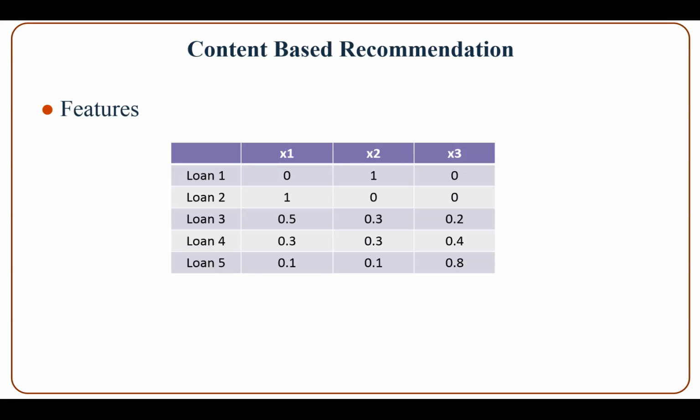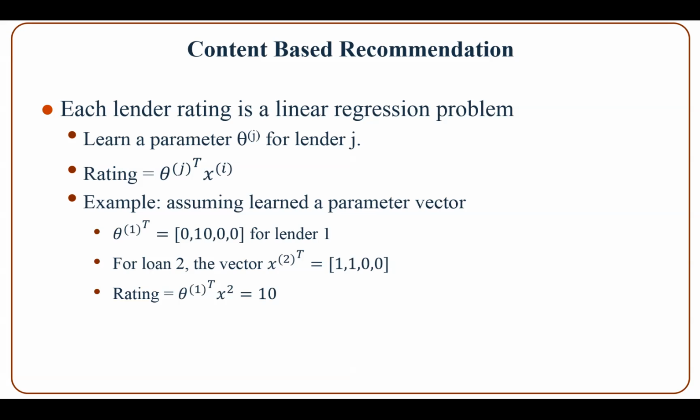Assume that we have features x1, x2, and x3 like this for the loans from loan 1 to loan 5. So, looking at the table, for example, loan 1 is used for education, and loan 2 is used for business. The rest, from loan 3 to loan 5, actually have different weights on the 3 different purposes. Now this is a content-based recommendation problem.